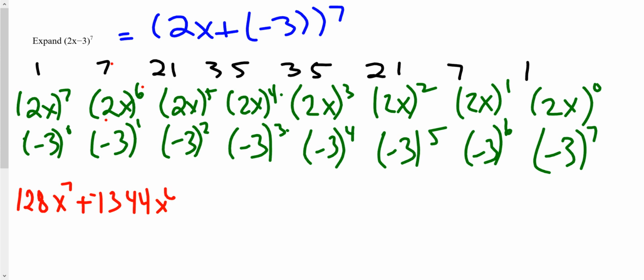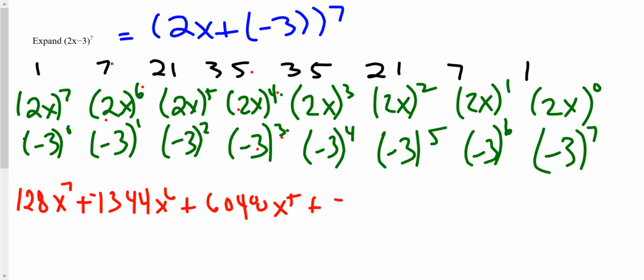And then we go to the next one. We'll have 21 times 2 to the 5th times 9, which will give us 6,048x to the fifth. And we've got 35 times 2 to the fourth times negative 3 to the third, negative 27. So then we end up getting negative, or I could put plus and negative.